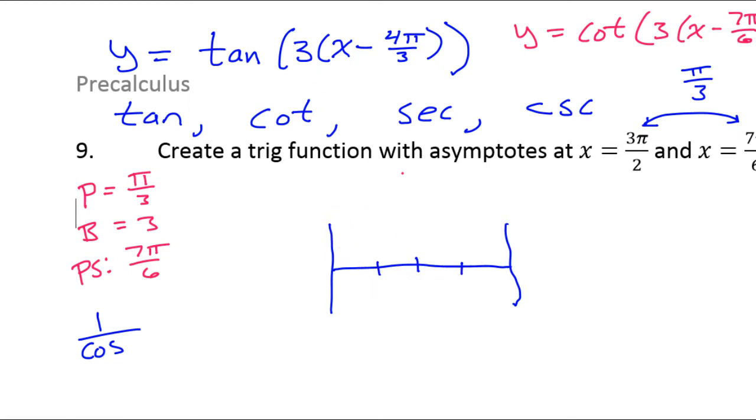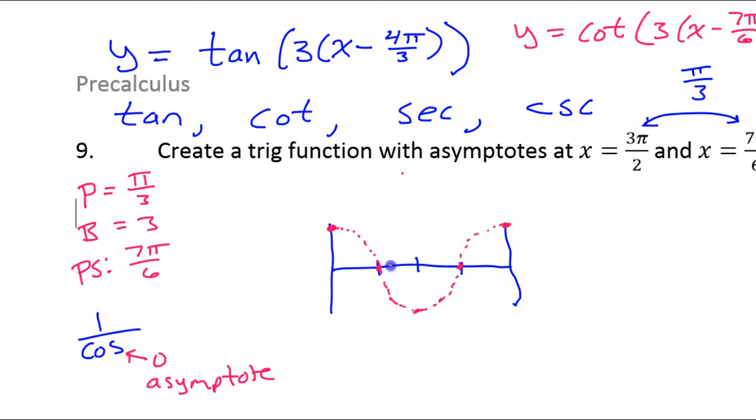So a period of the cosine function would look like this. I have a point high, then it goes to the midline, then low, then back to the midline and high. But secant is the reciprocal of the cosine function, so anytime cosine is 0, that gives us an asymptote.